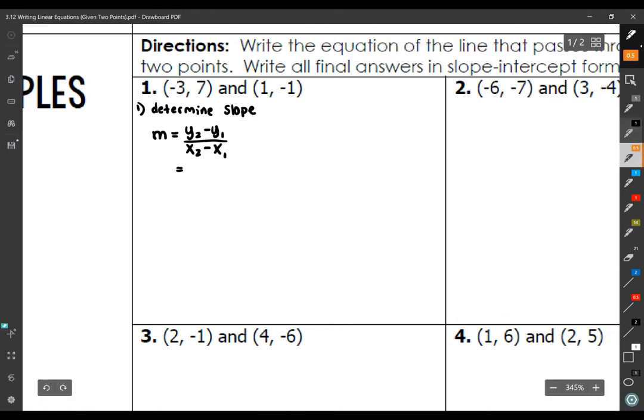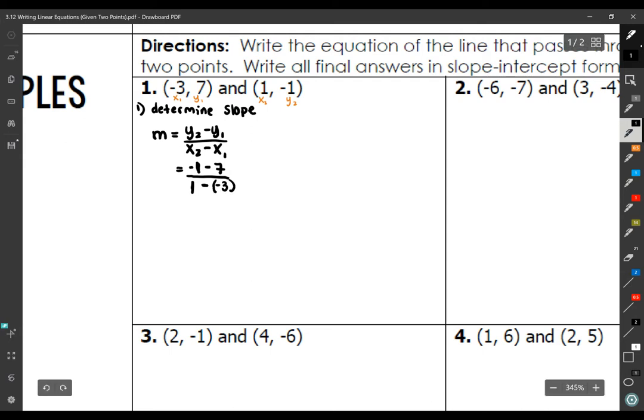Remember, if it helps you keep the values straight, you can write x1, y1, x2, y2. I like to do that anyway. So y2, I'm going to select -1. y1 is 7. So -1 minus 7 over x2, which is positive 1, minus x1, which is negative 3.